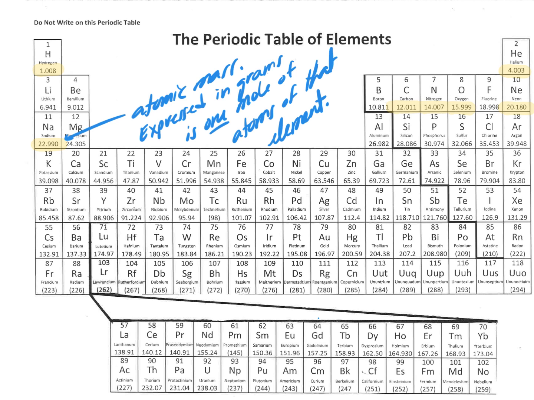When you look at the atomic mass for an element on the periodic table and just turn that number into grams, for instance, for sodium, I'm looking at sodium and I'm rounding that number to 23. 23 grams of sodium is 1 mole of atoms of sodium. The atomic mass, when you express it in grams, represents 1 mole of atoms of that element.